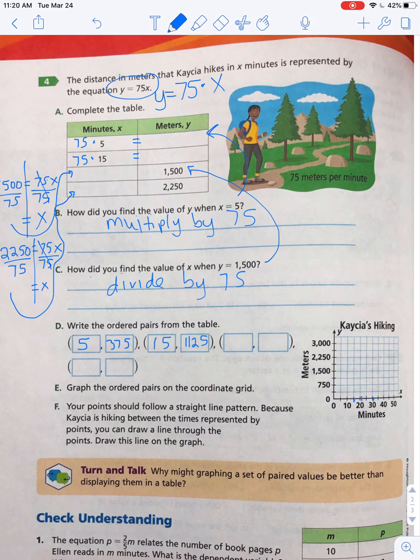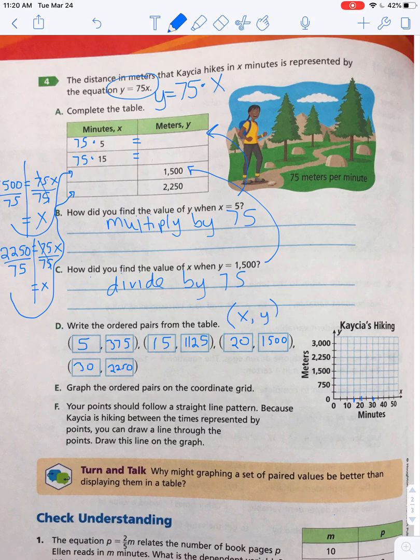And these answers should match what you already have on your table above. When y was 1,500, I have to work backwards. Okay, my answer is 20. And then when y was 2,250, my x is 30. Okay, so remember, ordered pairs, x always comes first, y always comes second.